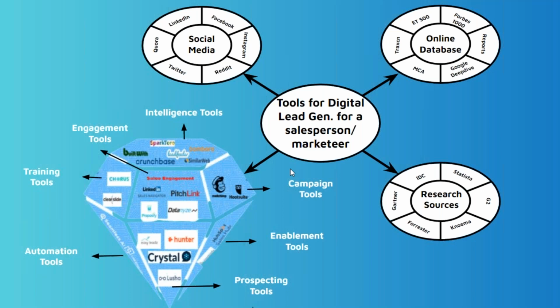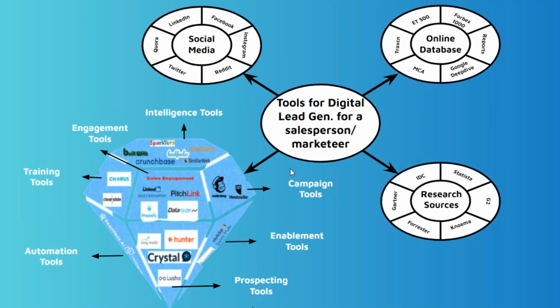To find an email ID, we can use Hunter, we can use Crystal Knows to figure out the personality of a particular person. You can use Lusha to find an email ID. You can use SparkToro to find specific information about companies where you got some information but not the other. So all these tools are there.